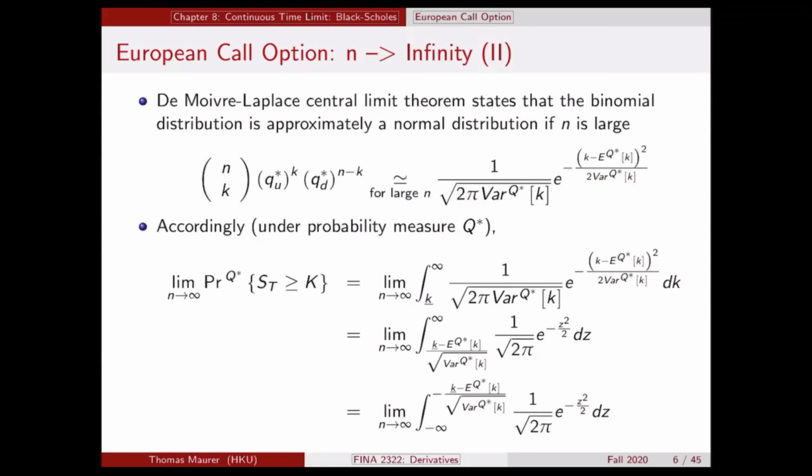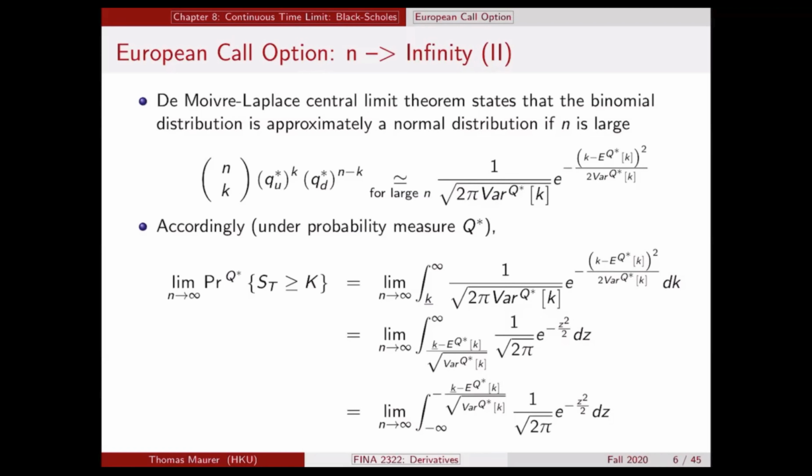Moreover, if the normally distributed variable doesn't have expectation 0, then we also have to account for the expectation of that variable, here k, the number of up movements, in that exponential. Instead of just having k squared, we have k, how it deviates from its average, take the square of that and normalize it by the variance. That tells you how many standard deviations away you are from the mean value of k, which is basically the same as looking at a normally distributed variable with mean 0 and variance 1.